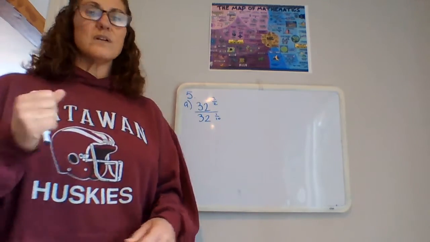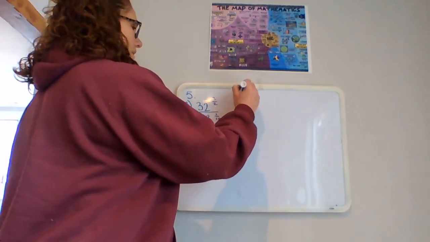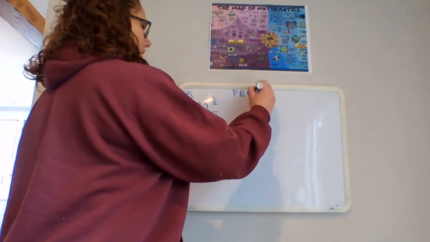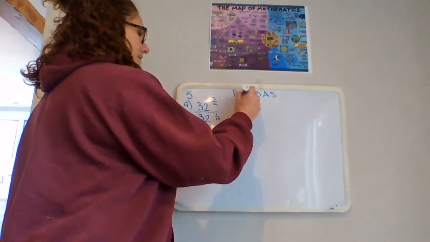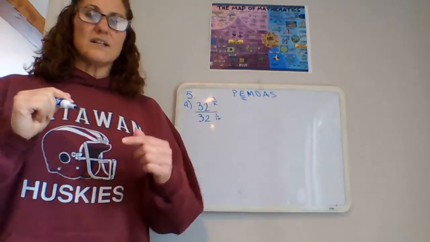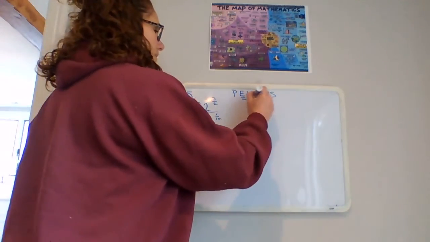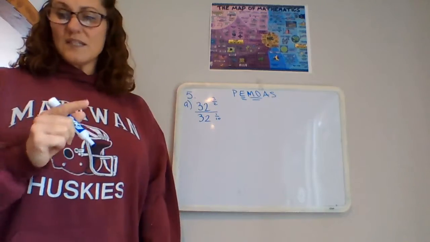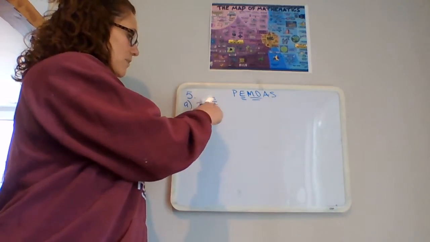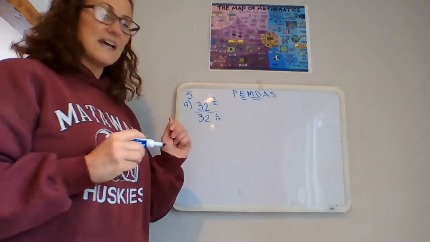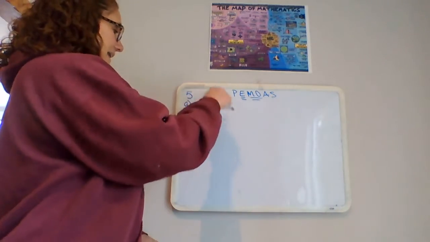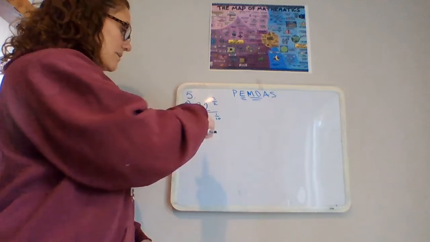Because if I follow order of operations, it says that exponents have to get done before multiplication or division. So since this 32 has an exponent with it, if I can't evaluate 32 to the 3/2, I can't actually ever do anything with those numbers.